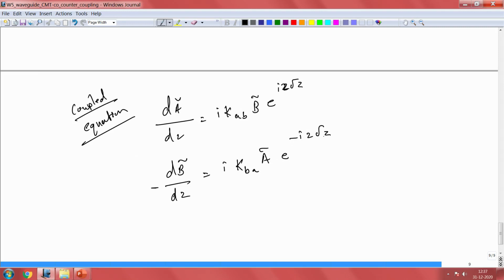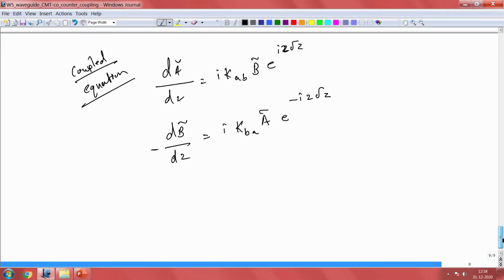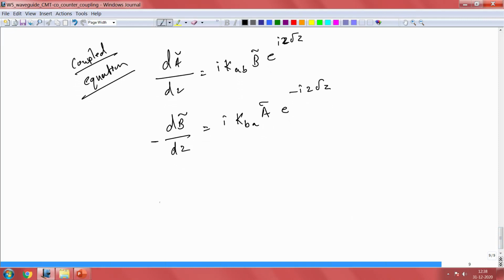Okay. So, the equations for the counter-directional coupling could again be solved using a boundary value problem, right, with the following values: you start with A tilde at 0, you start with this waveguide at one end, and you have B tilde at L at the other end.